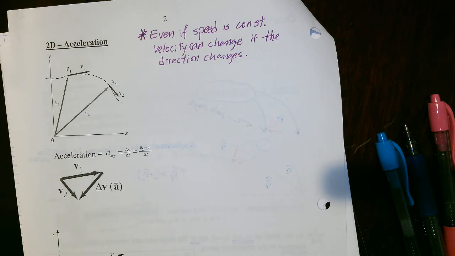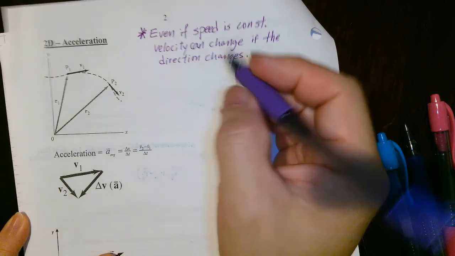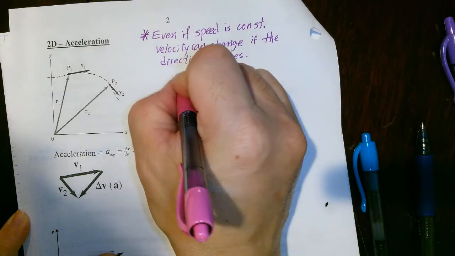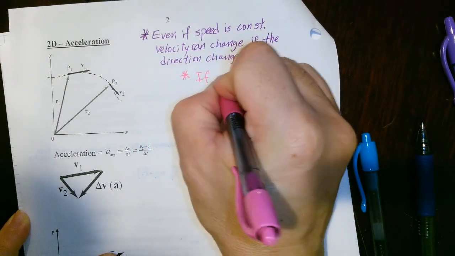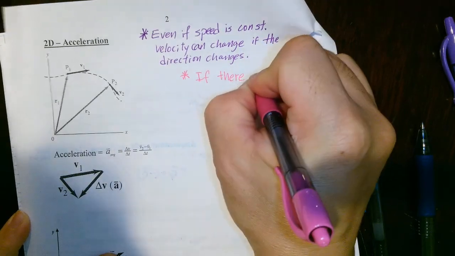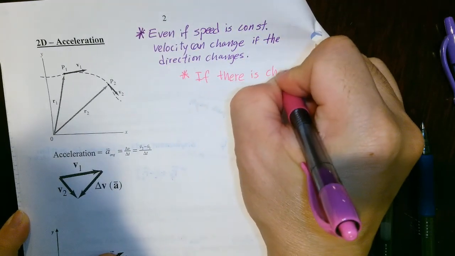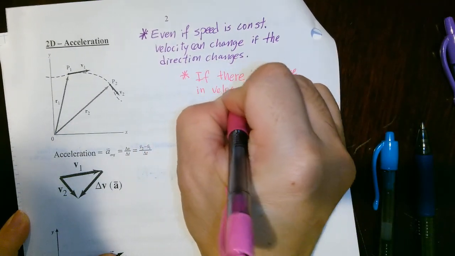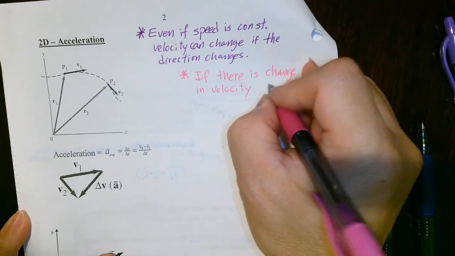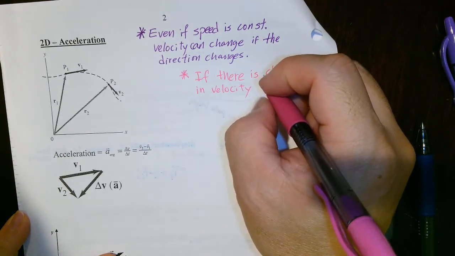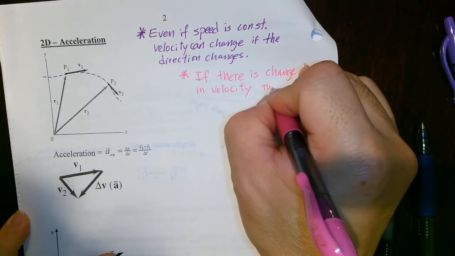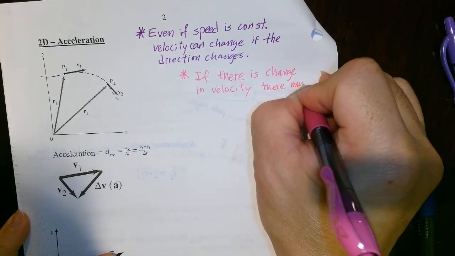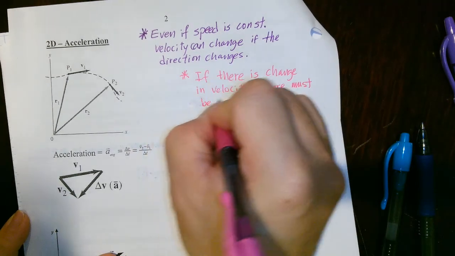All right? So if there is a change in velocity, right? So here, if there is change in velocity, there must be, right, acceleration.